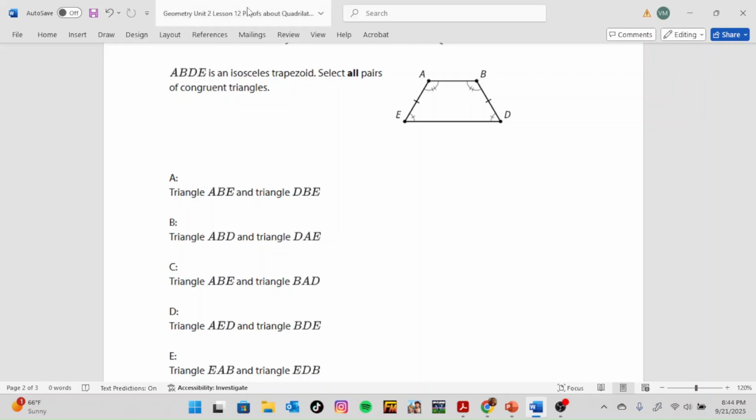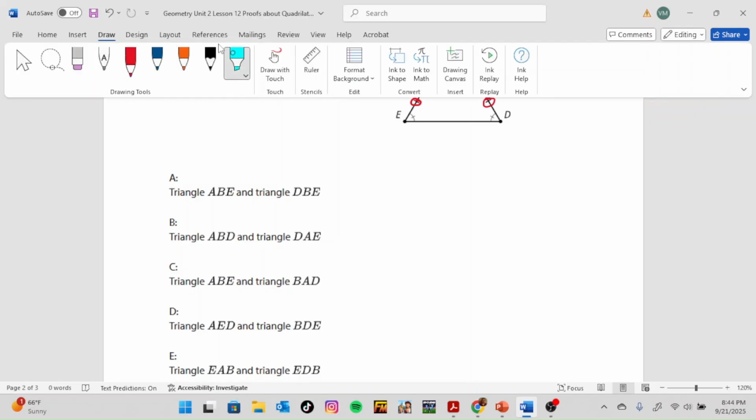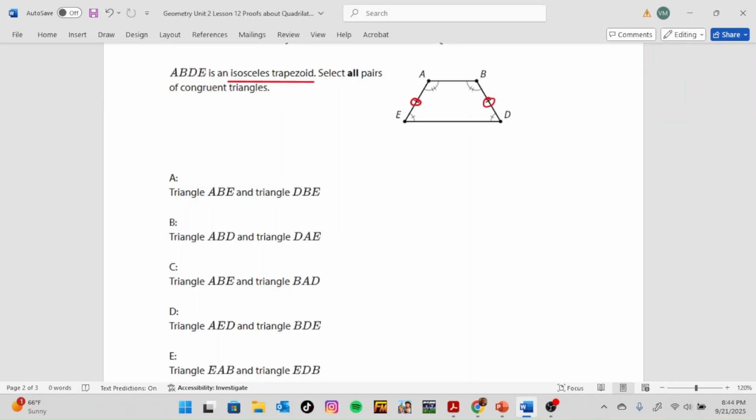When we see them say isosceles trapezoid, what they mean is that we have a pair of parallel lines, so AB at the top and ED at the bottom, and then we have one set of congruent sides, so AE and BD. Select all pairs of congruent triangles.